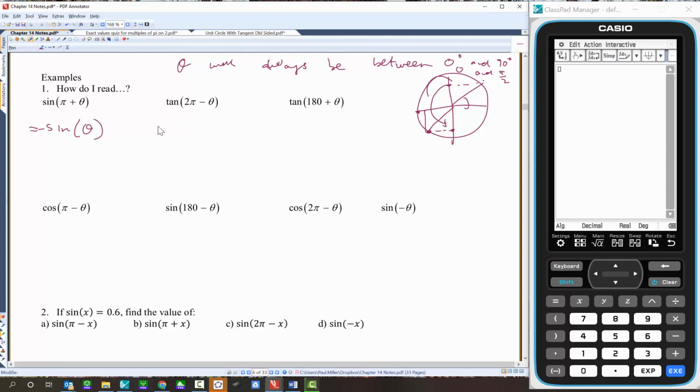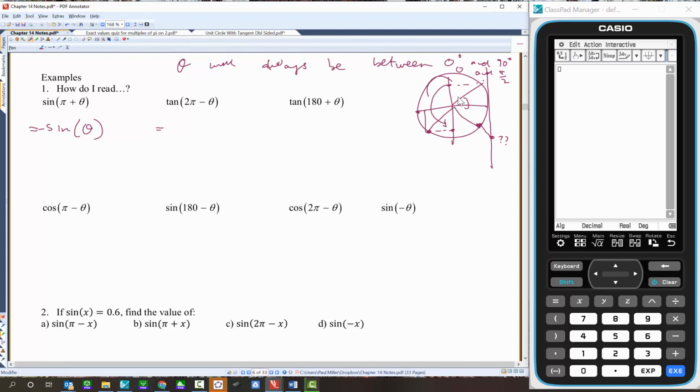All right, let's do this one here. The tan of 2 pi take theta. Okay, so we've got 2 pi, which will take us to here, and we're going to go back theta, whatever theta is. So we want to get the tan of that value there. Okay, so it's going to hit the tangent there. We want to know what that will be. Now notice that's negative. Well, what would we do?